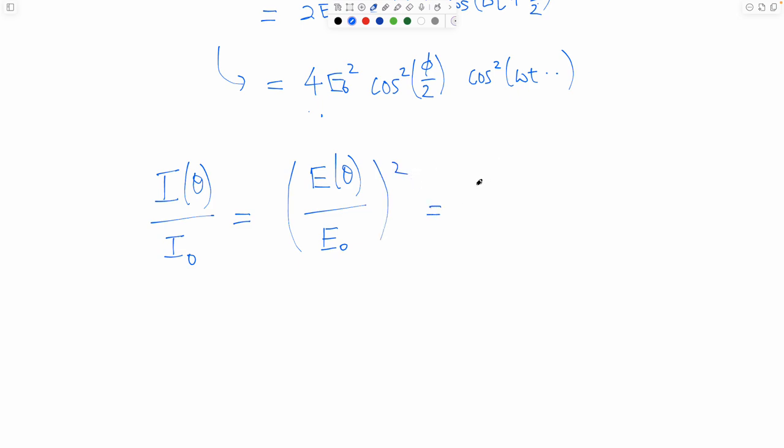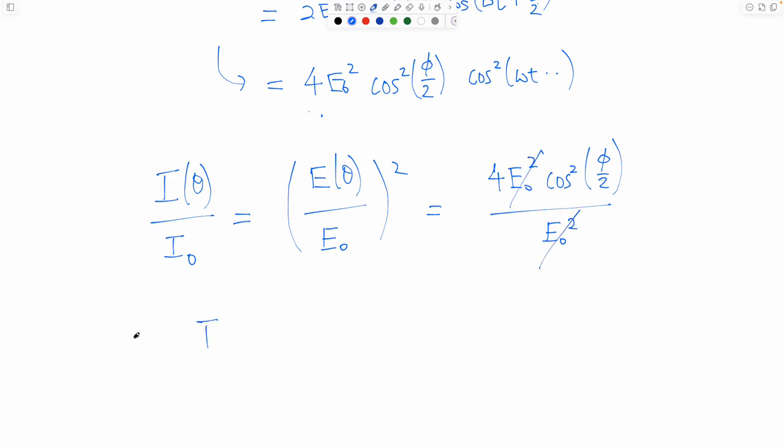So you will soon see that it is just 4 E naught squared cosine squared phi over 2 over E naught squared. And then the E naught squared and E naught squared will cancel.